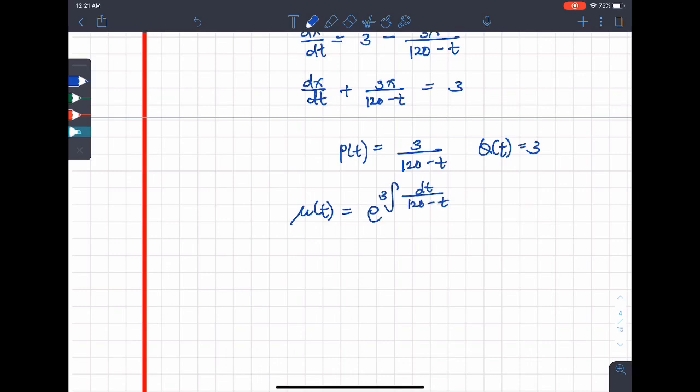So our u here would be 120 minus t, so du would be equal to negative dt. So we should have a neutralizing factor of negative 1.